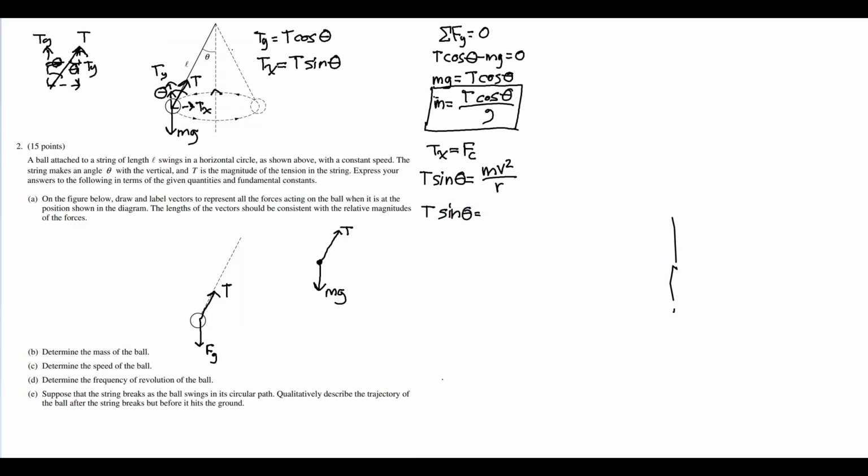So T cosine theta over g times v squared over r. So right then and there, you can notice that the T's will cancel. And you're left with sine theta equals v squared cosine theta over rg.